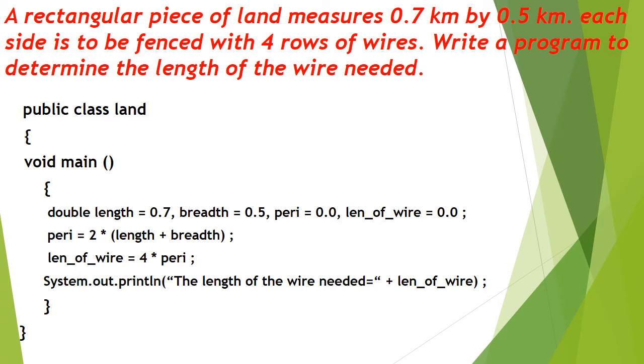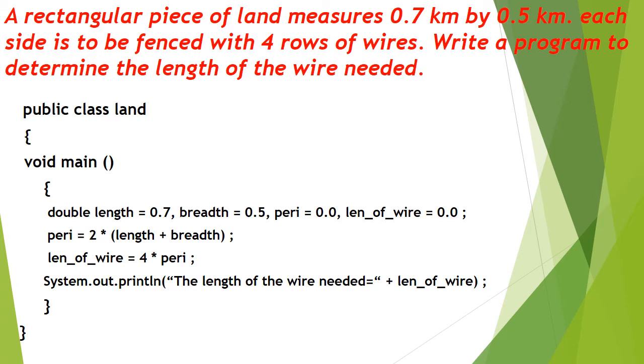So the length of the wire required for the fencing will be equal to the perimeter of that land. So we will declare it as peri. Peri means perimeter, and now we have to calculate, so first we will initialize it by 0.0.